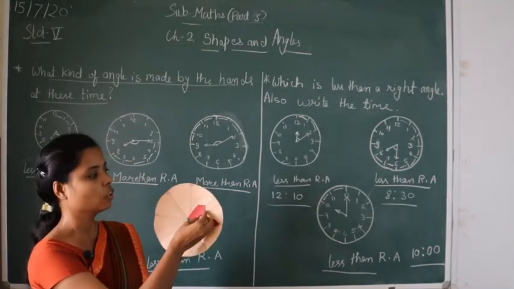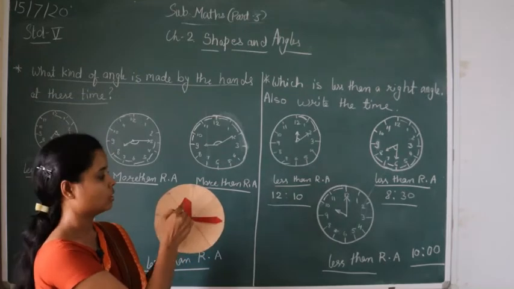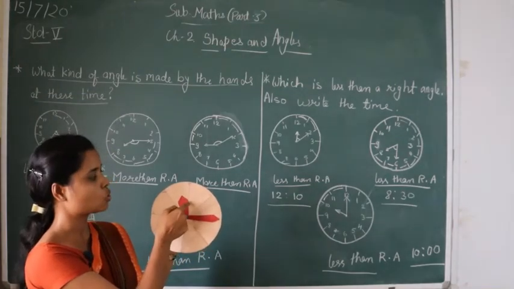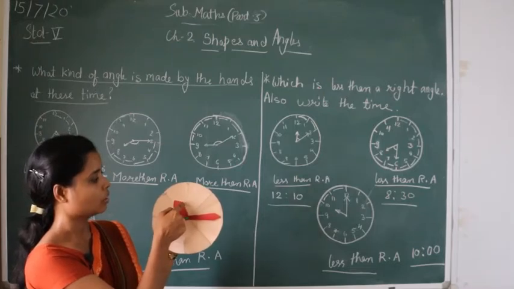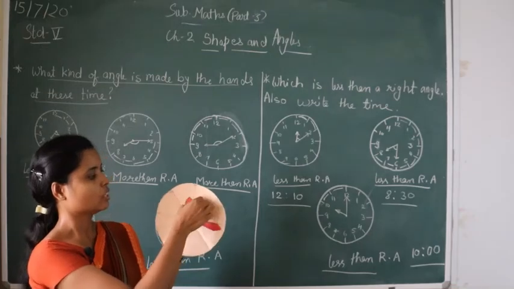If I want greater angles, the clock hand goes above 90. You know very well this is an L shape.